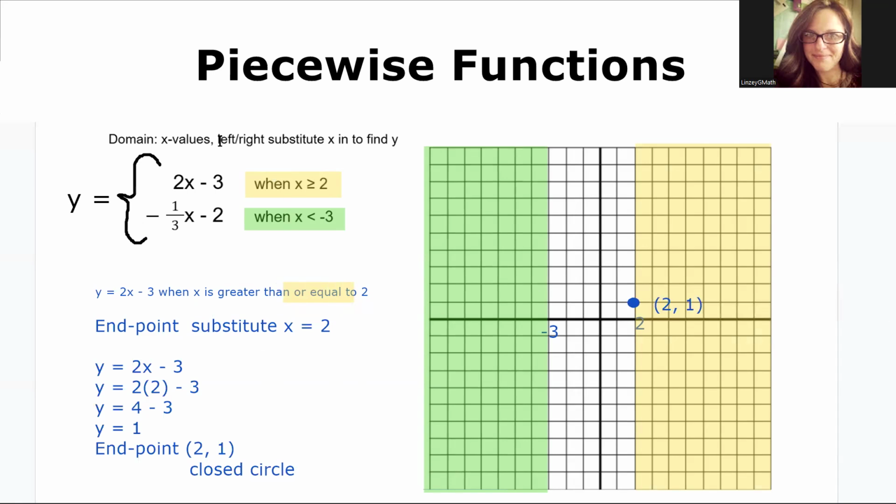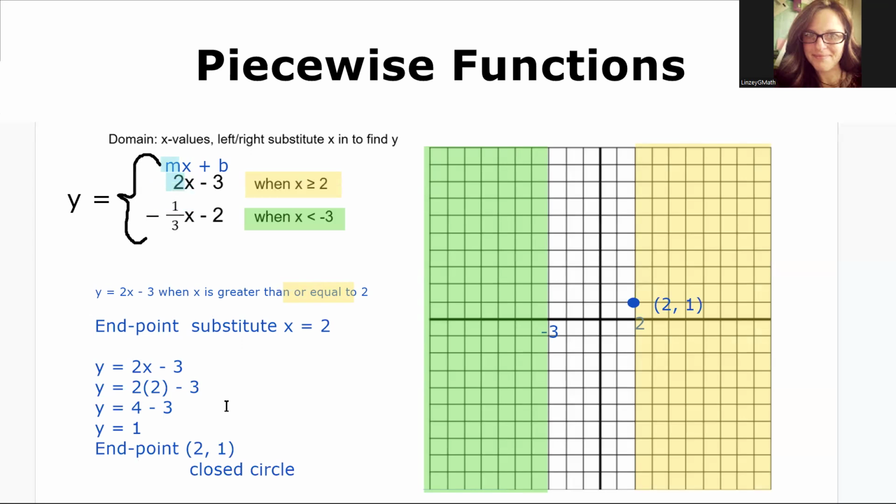To graph the rest of this first piece, this is a line given in the form y equals mx plus b. Our slope, m, is 2.